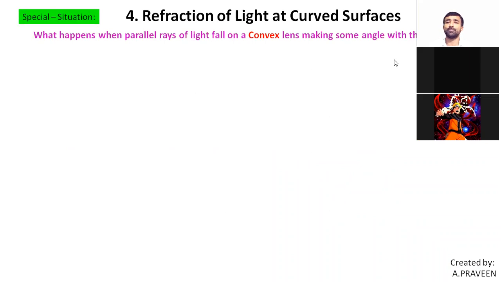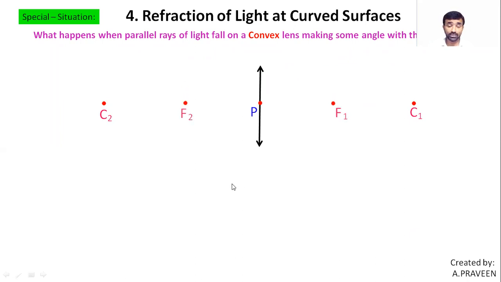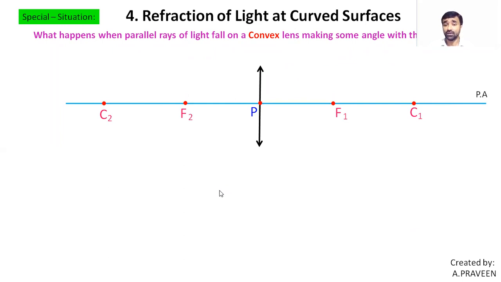So here, what happens when parallel rays of light fall on a convex lens making some angle with the principal axis? I am taking a convex lens and identifying its center of curvature, pole and focal points, right? So completed. Then the line joining them is called the principal axis. Now selecting the parallel beam of light rays that make an angle with the principal axis.